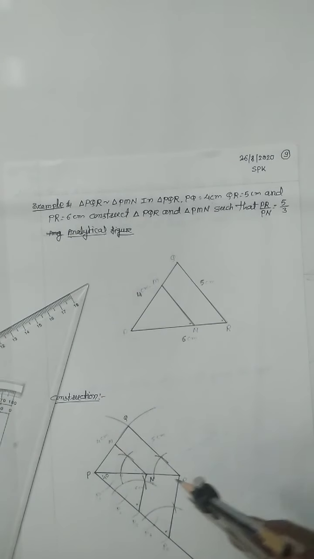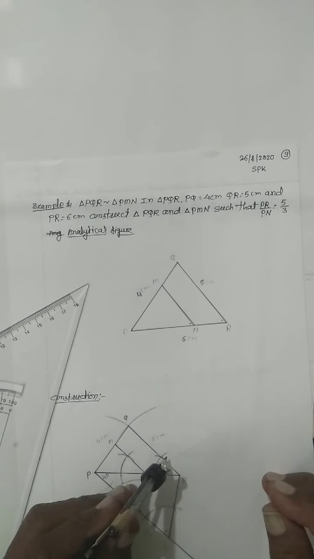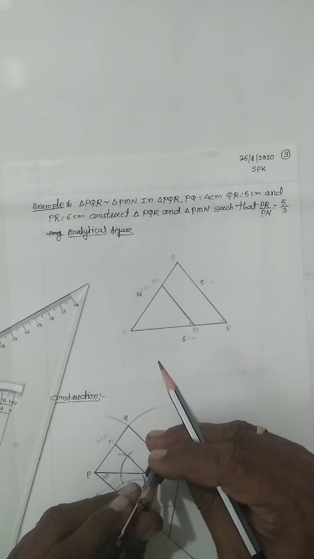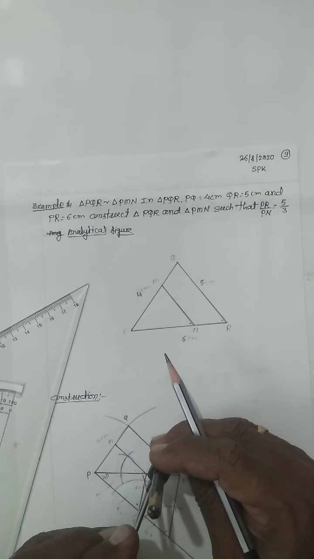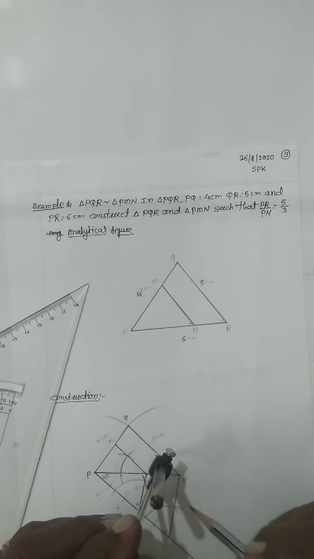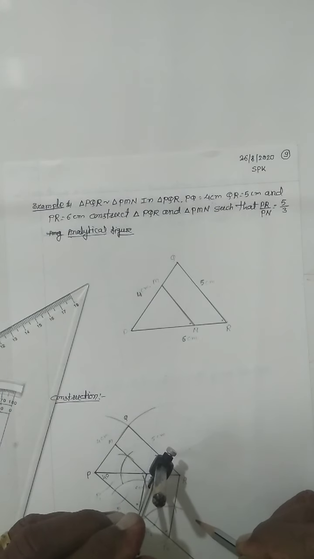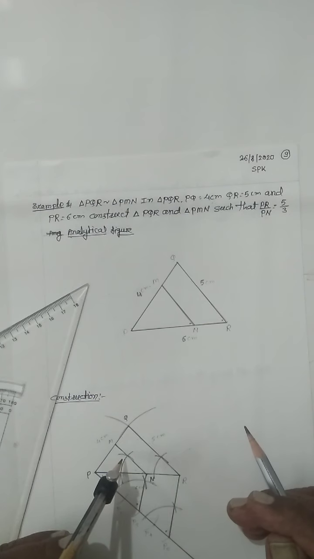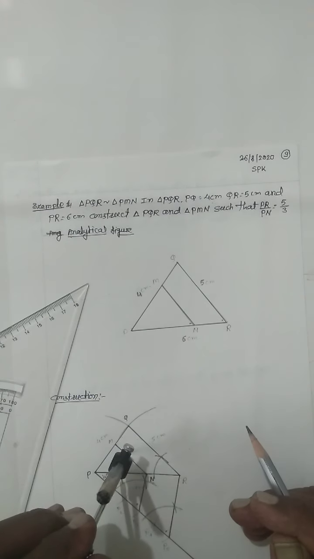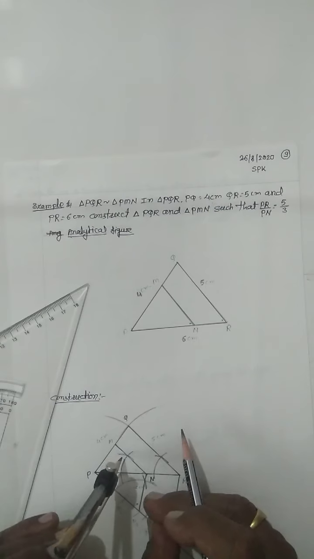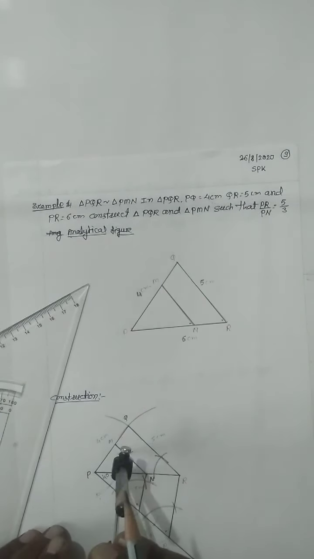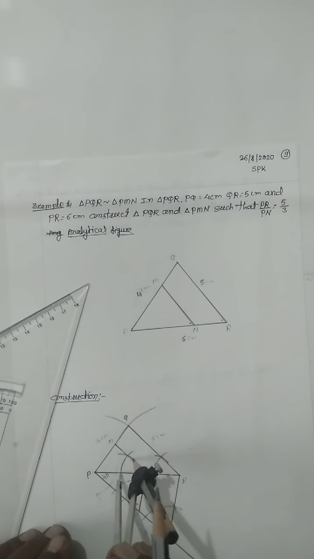Then take a distance between the two intersecting points. Take a distance between two terminals of the compass which intersects the two sides of the angle R, and put this distance as it is and draw the arc. This arc intersects the previous arc in this way.